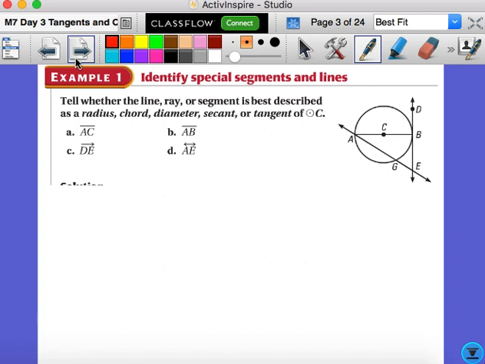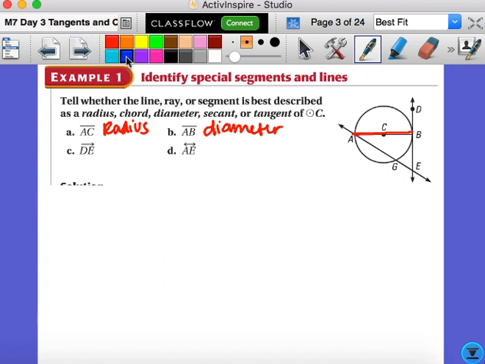What we want to do is look at this picture and determine which of these terms we see. AC would be a radius of the circle. A to B is a type of chord, but more specifically, we know that's the diameter because that chord goes through the center.